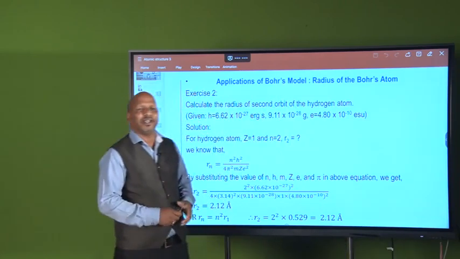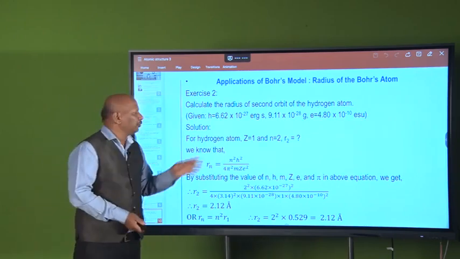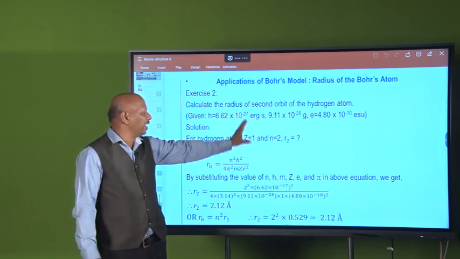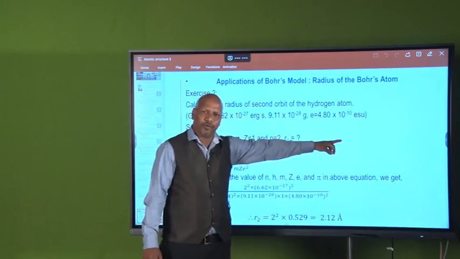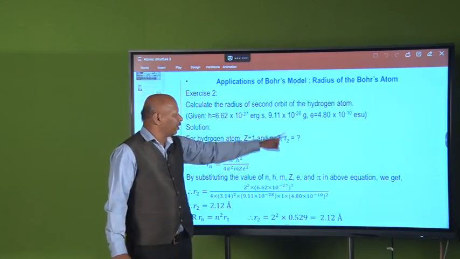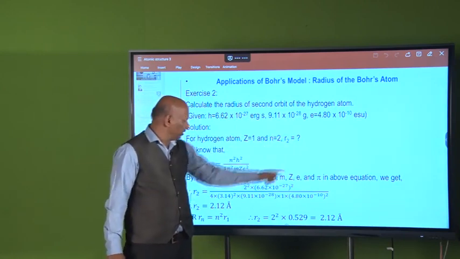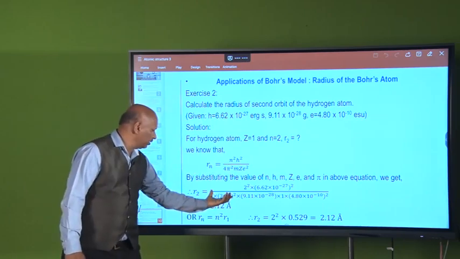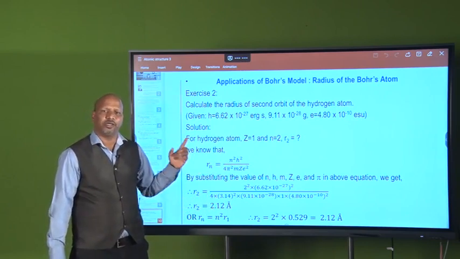If you want to find the radius of the second orbit, the remaining terms are the same. We know the value of h, m and e. For the second orbit, you take n is equal to 2 and find R2. If you solve that, you will get 2.12 angstrom unit.